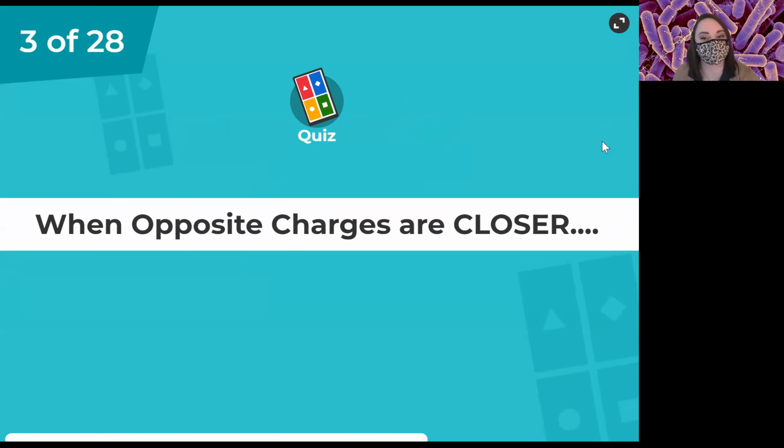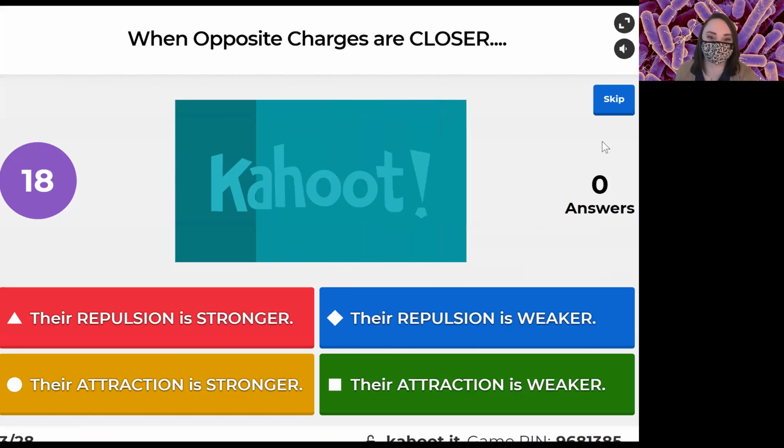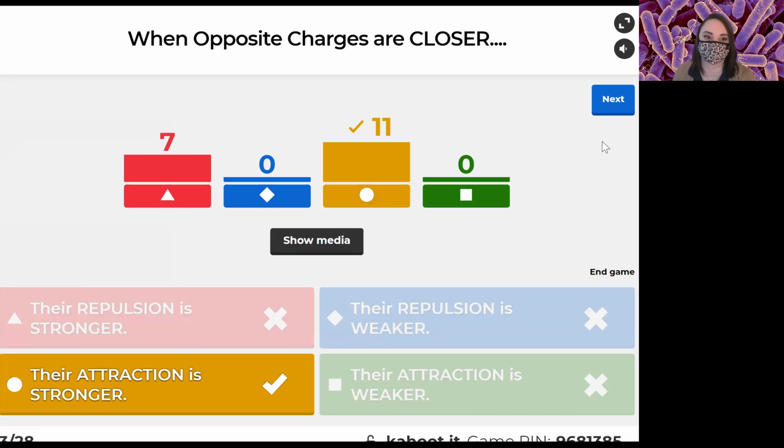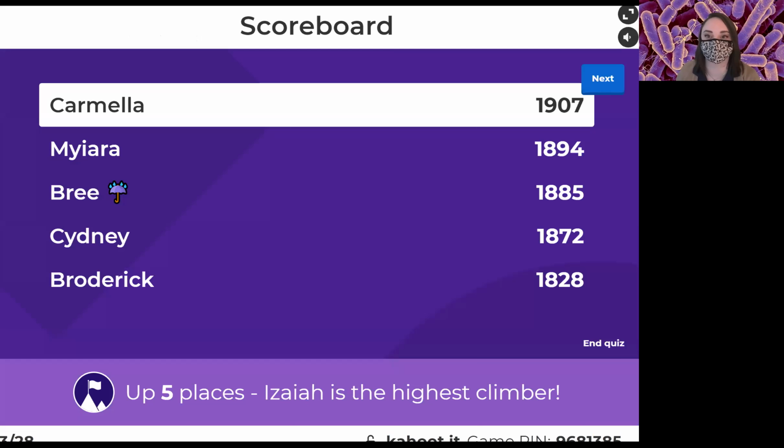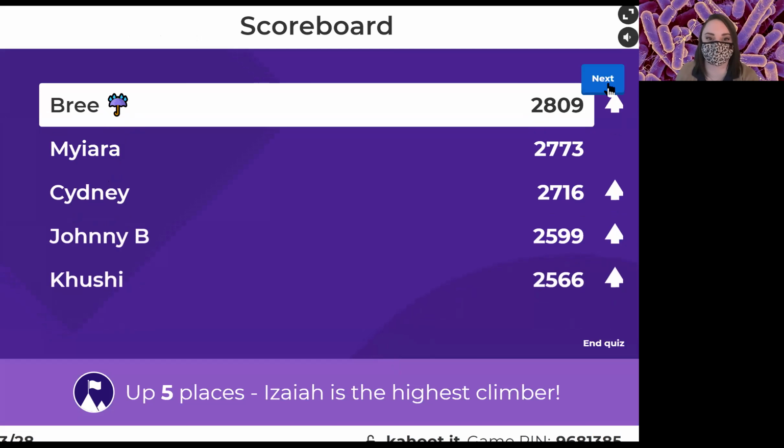When opposite charges are closer, their attraction is stronger. Very good.